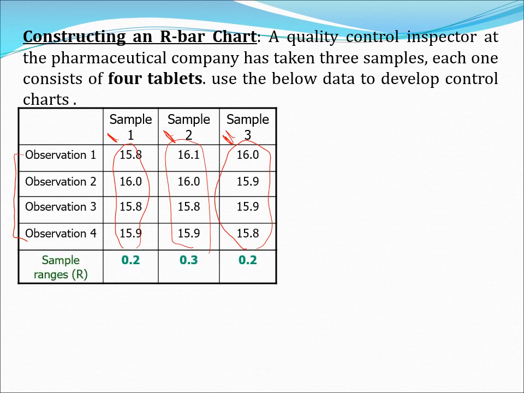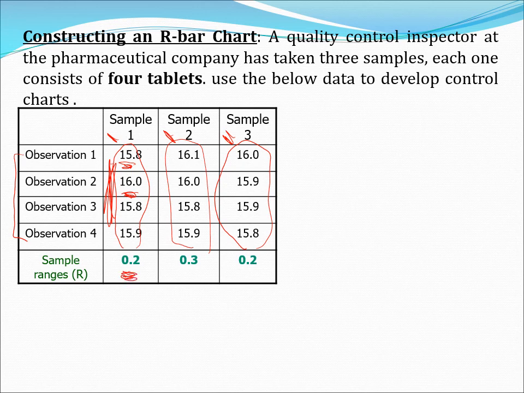The first step is to calculate something called the range. Range means the maximum value minus the minimum value in every sample. In sample 1, what is the highest value? The highest value is 16, minus the lowest value, 15.8. 16 minus 15.8 equals 0.2. So the range of the first sample is 0.2.